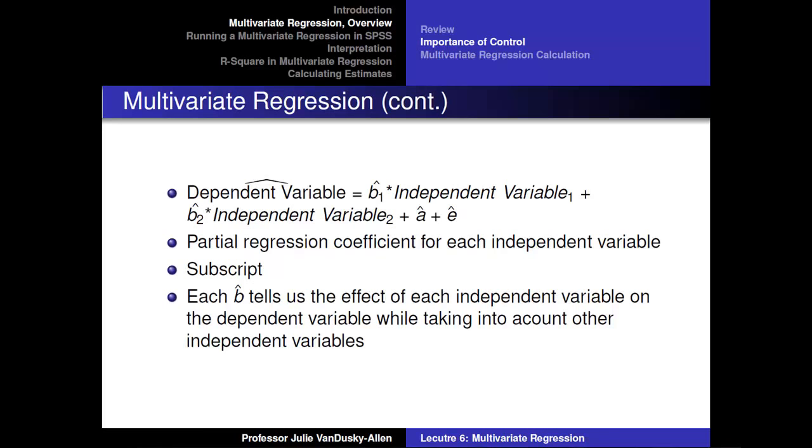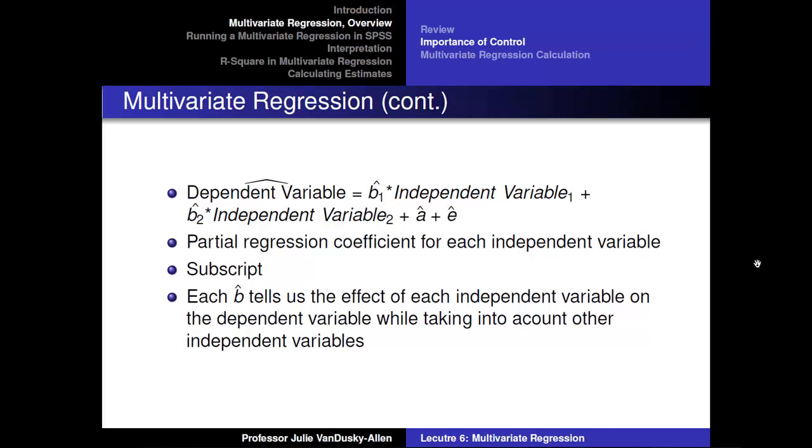Multivariate regression produces the following equation: dependent variable hat equals b hat 1 times the first independent variable plus b hat 2 times the second independent variable plus a hat plus e hat. Note that there is what we call a partial regression coefficient, or b hat, for each independent variable.